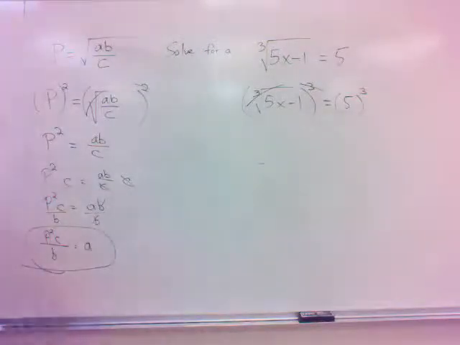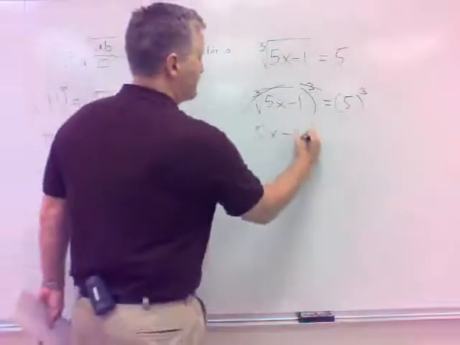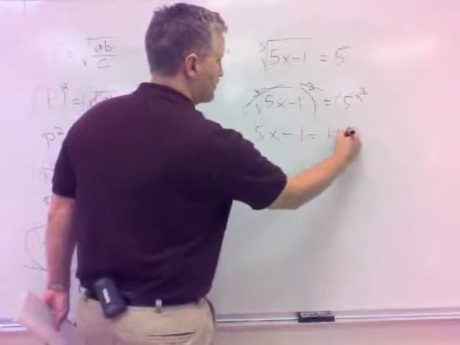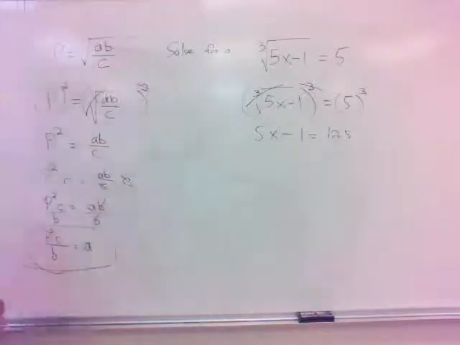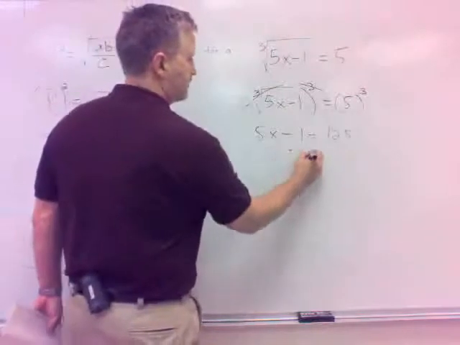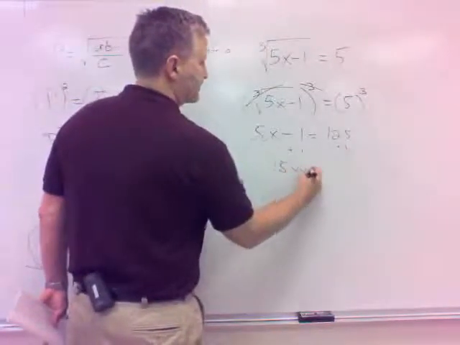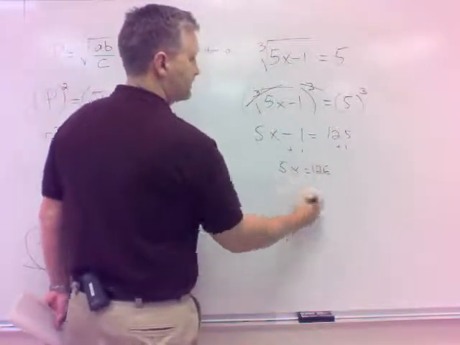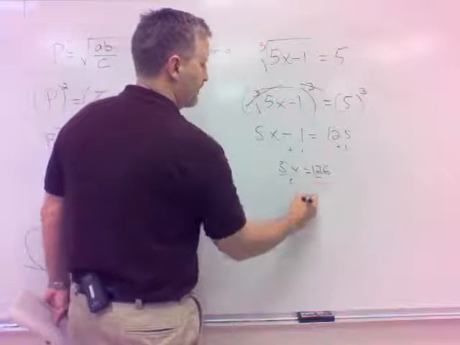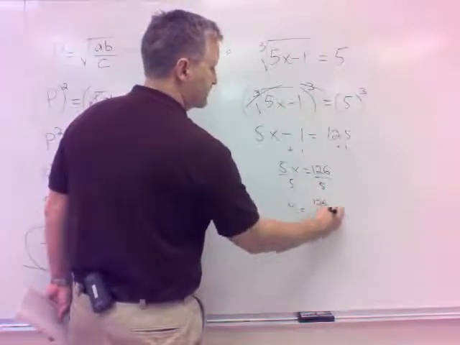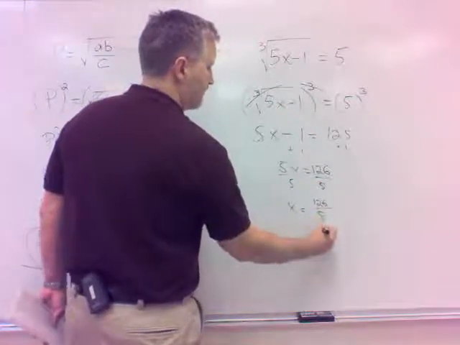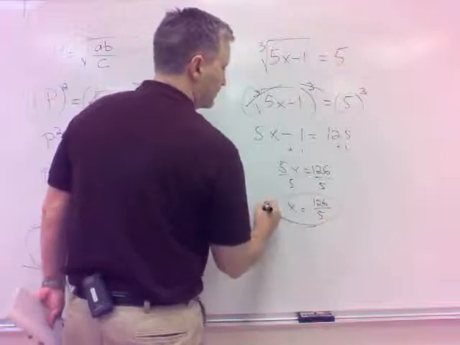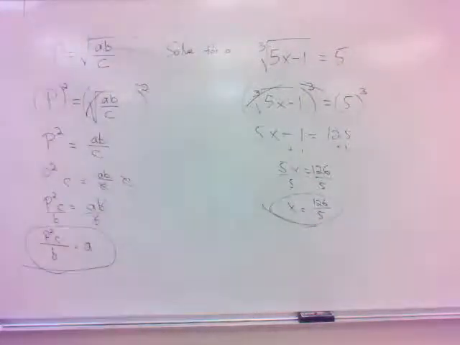So what we get? 5x minus 1 equals 125, 5 times 5 times 5. Add the 1, then 5x equals 126. Divide by 5, and x equals 126 over 5. Believe that? Question or concern?